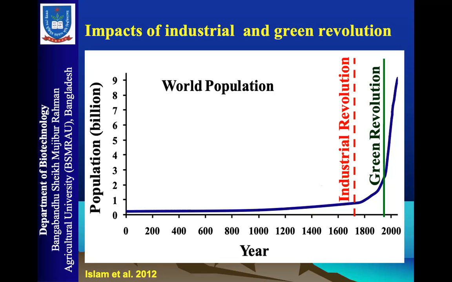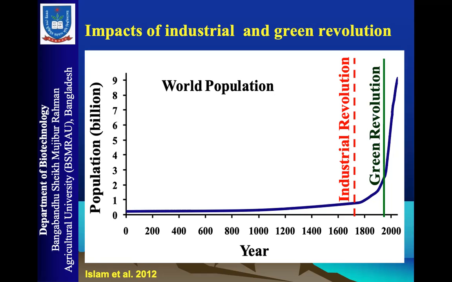This is why a new big problem we are now facing is called climate change or global warming. And climate change is really a big threat to human beings as well as other organisms on this earth.